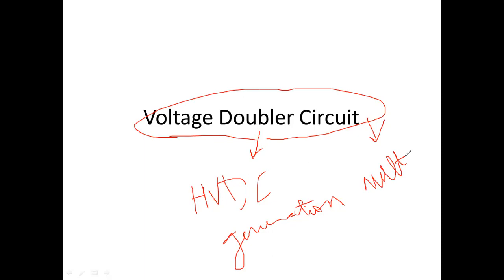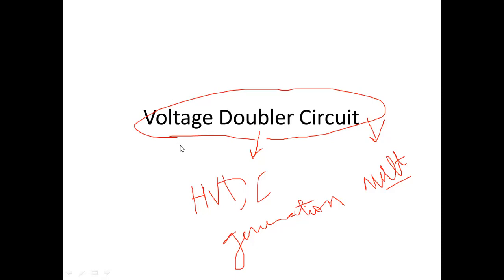So that is why it is named the Walton Cockcroft multiplier circuit for high voltage DC generation. But the single unit of this Walton Cockcroft generator is the voltage doubler circuit. So that's why we will start with the very beginning of this high voltage DC generator.